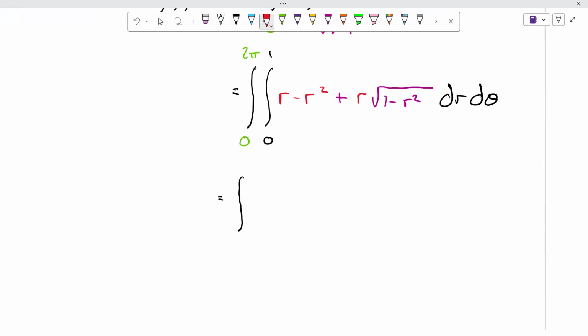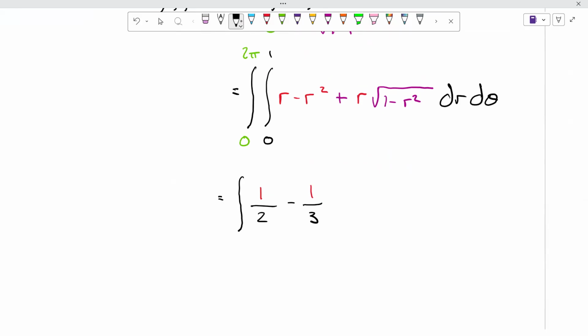So that means it won't be too bad to plug all that stuff in. R is going to integrate to r squared over 2, minus r cubed over 3. Plug in 1 to get 1/6. And now to deal with the other half, r times the square root of 1 minus r squared.